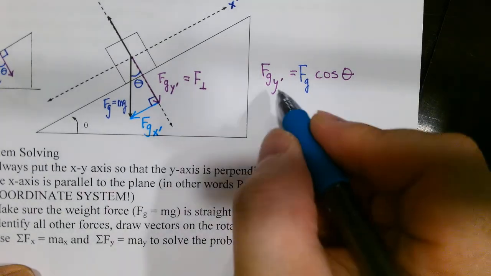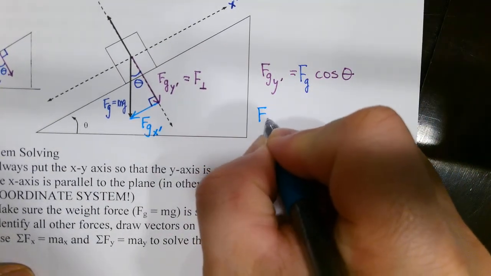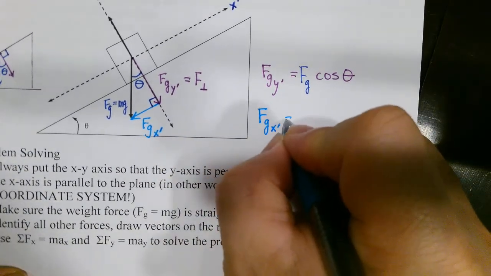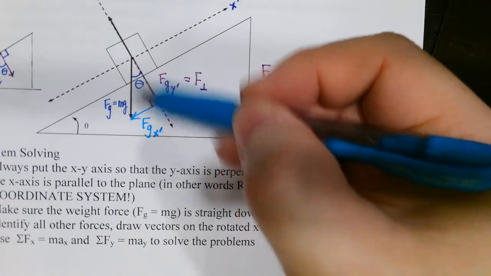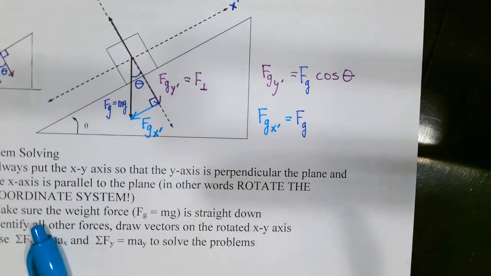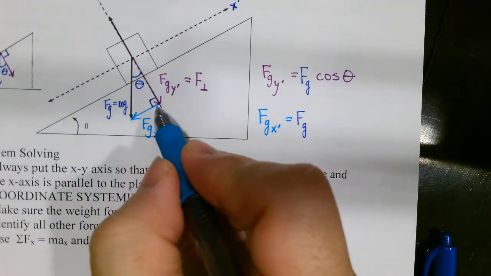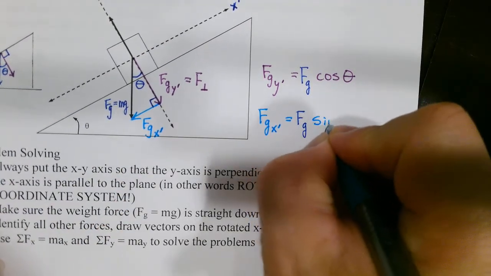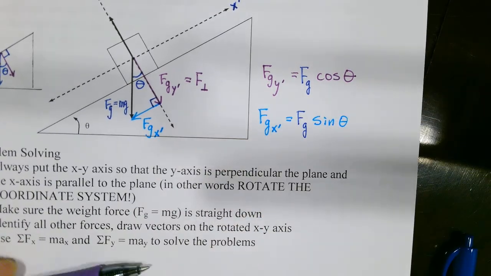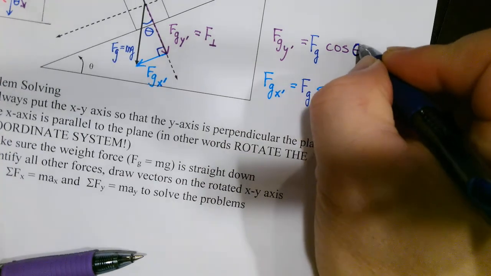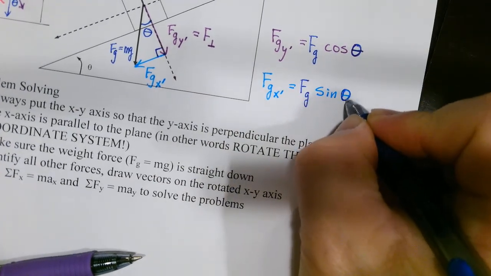And FG X prime is equal to, this is my hypotenuse FG, right? Times, since this is the opposite of my angle theta, it is sine of theta. These two thetas are the same thetas, okay?